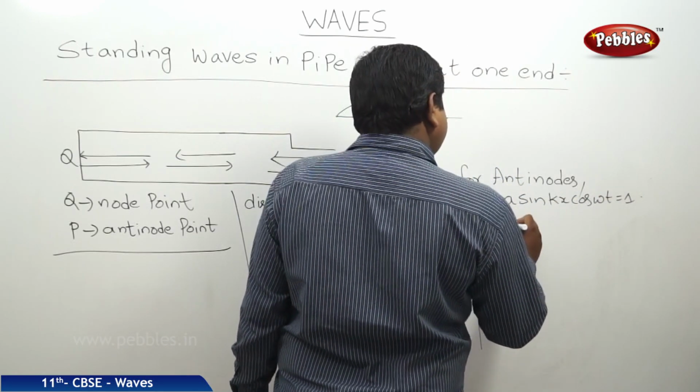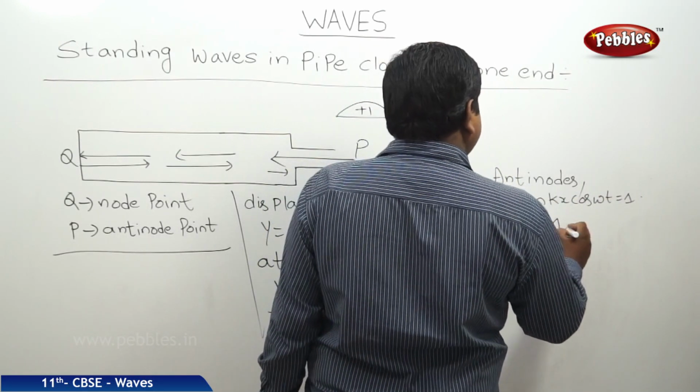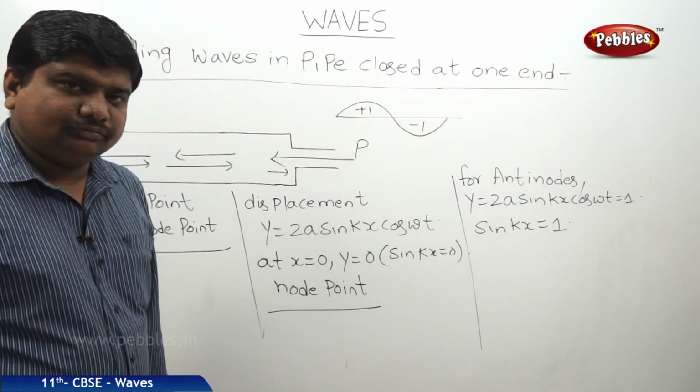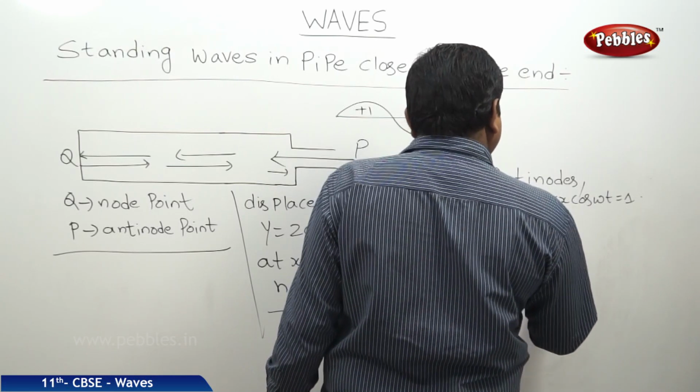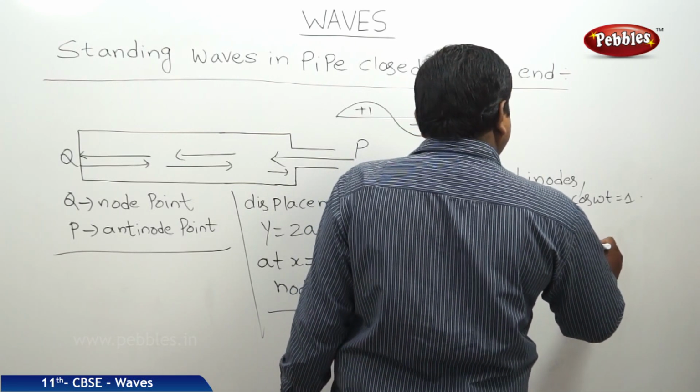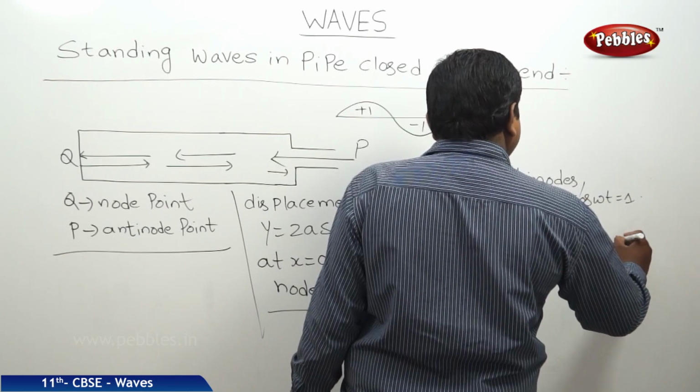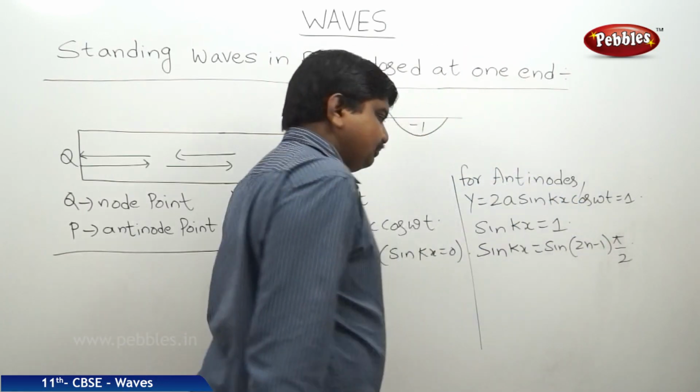So therefore sin kx is equal to 1. So this will happen, sin kx is equal to sin (2n minus 1) into pi by 2.